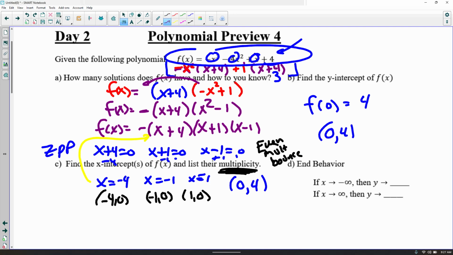All right. End behavior. How do you find your end behavior? What I have been writing here every single time. Yeah, what's your leading term in this one?